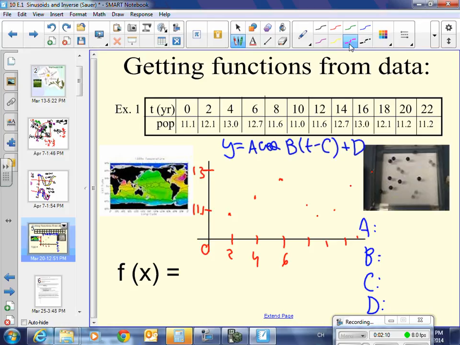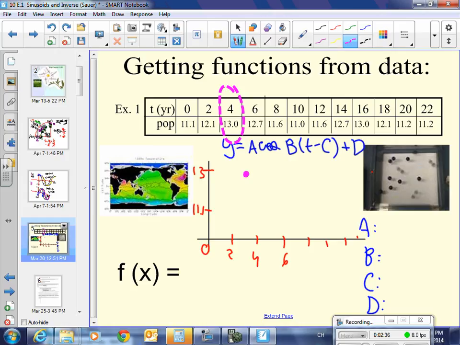What year do you think? The first highest. 4. This one? Circle that 4 on your iPad. That's going to be my high. So at 4, we're going to see a high of 13.